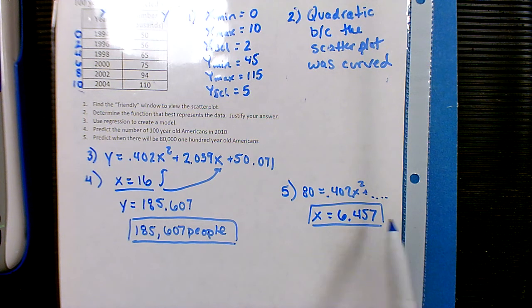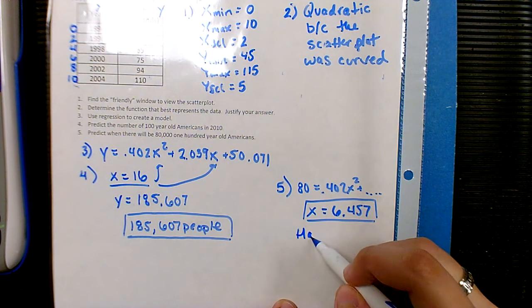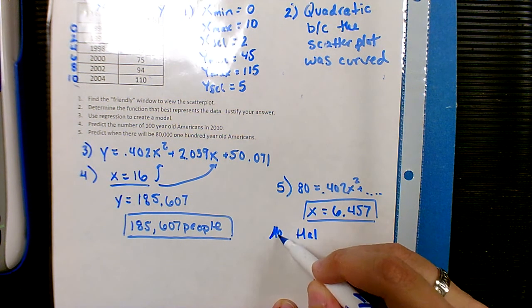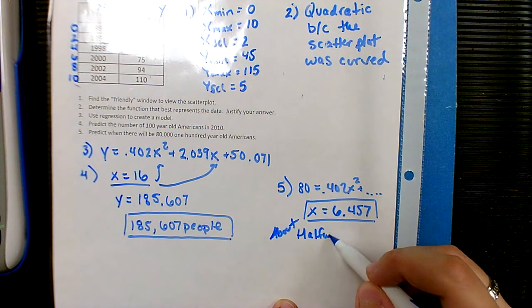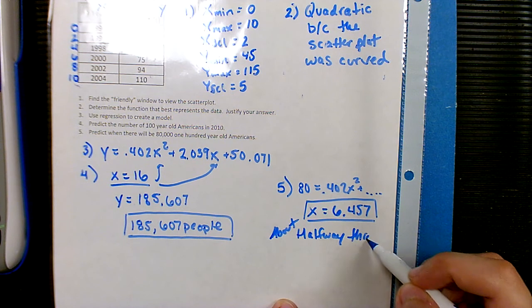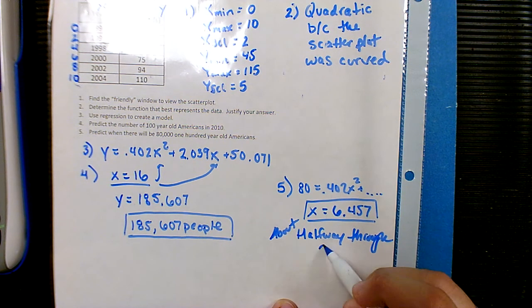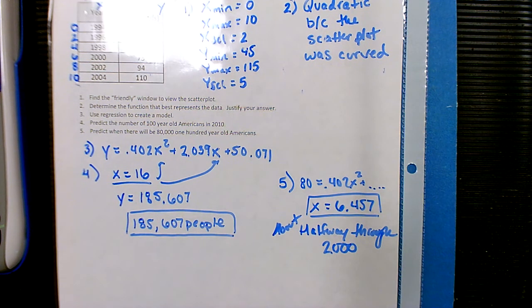If we have 6.457, we're about halfway through that year. So we can say about halfway through 2000. Even though the answer is 6.457, we have to relate it back to the problem. What does that actually mean? What does that tell us?